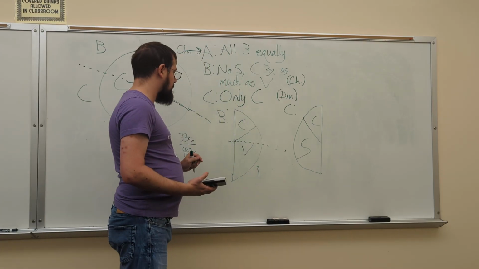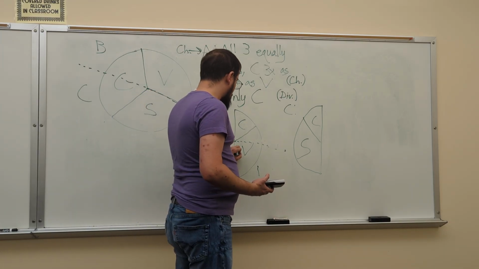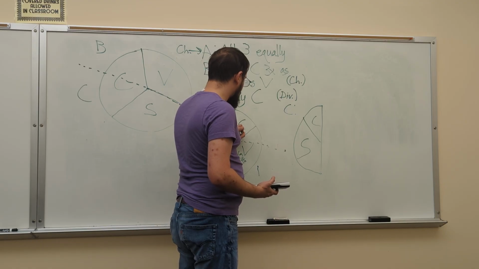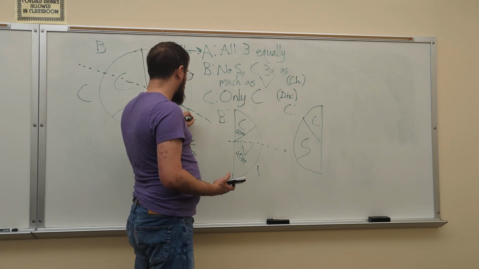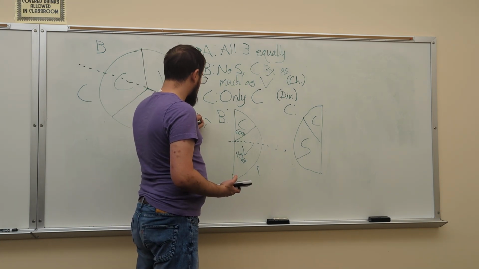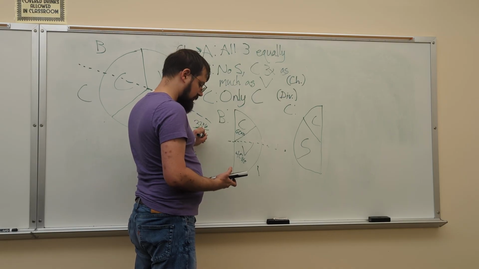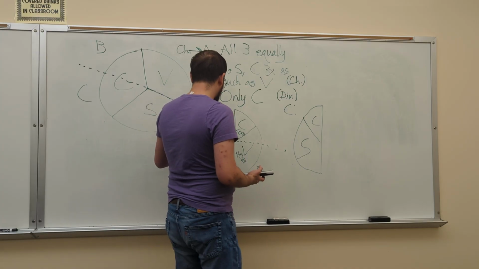And then, similarly, the chocolate part is worth 60% of this portion of the cake to player B, so 33% over 60%, that's going to be 0.55.